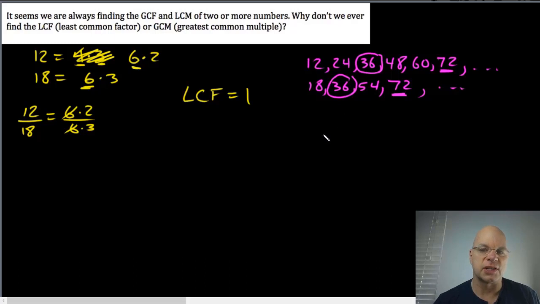You like to keep your denominator as small as possible while creating a common denominator, so that the numbers don't get ridiculously large. You need to create like terms to add fractions or subtract fractions or compare them, but you'd rather deal with the least common denominator rather than some huge denominator. So the greatest common multiple of 2 or more numbers is always going to be some infinitely large number that we could never even find anyway.